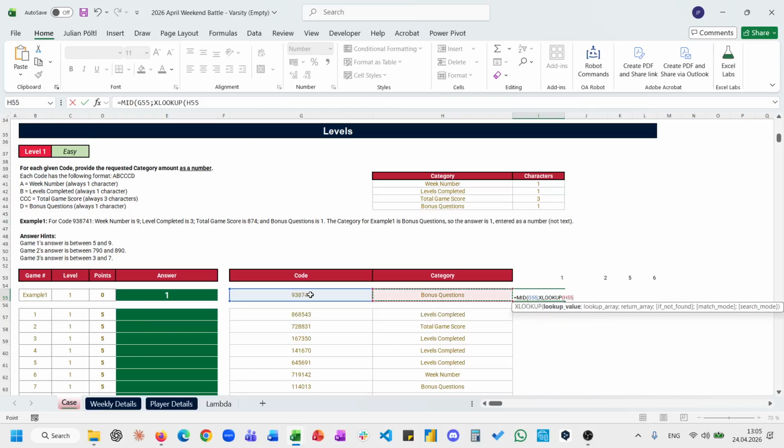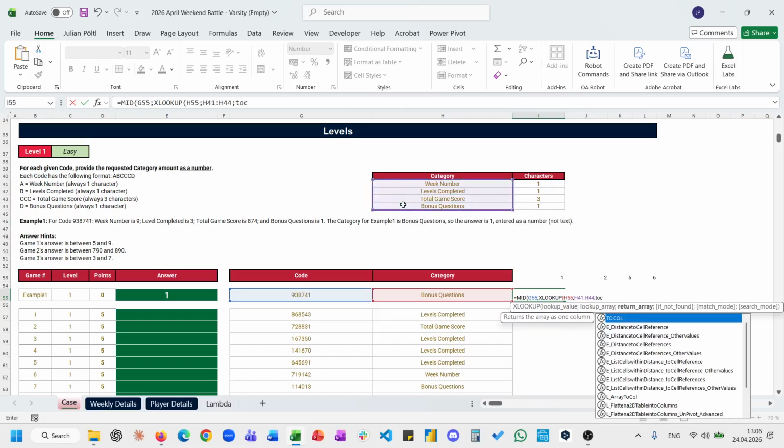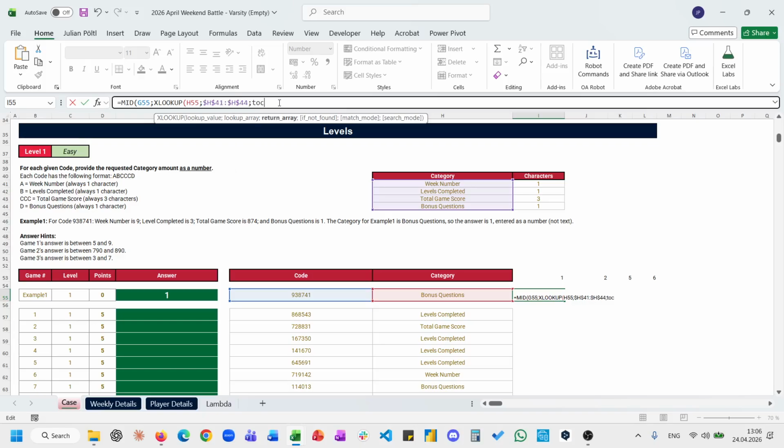XLOOKUP here, returning to call these characters, and the number of characters is XLOOKUP also for the number of characters.